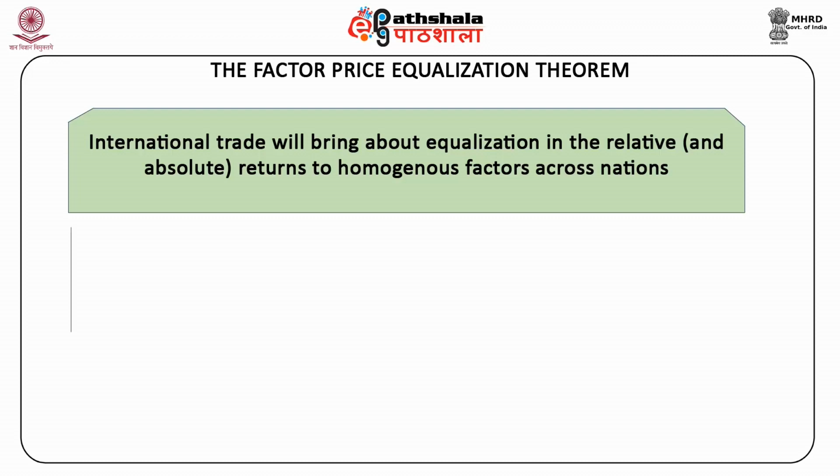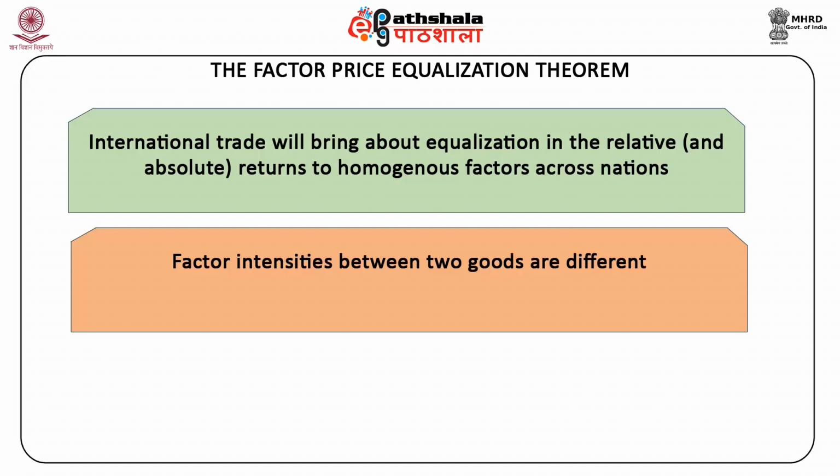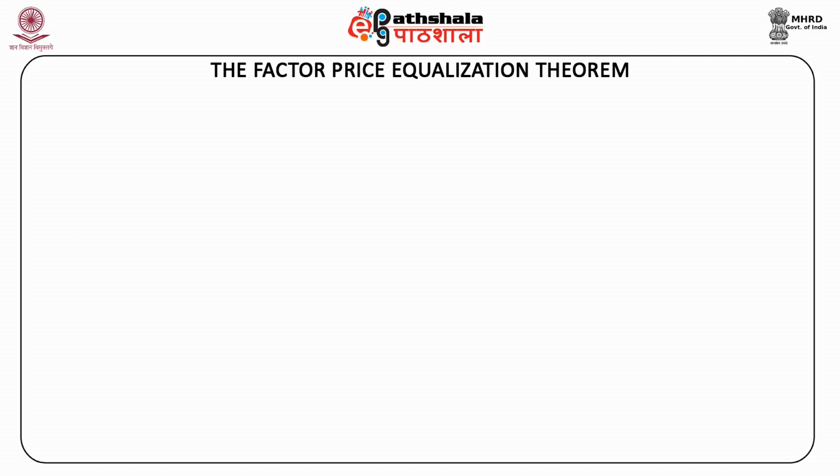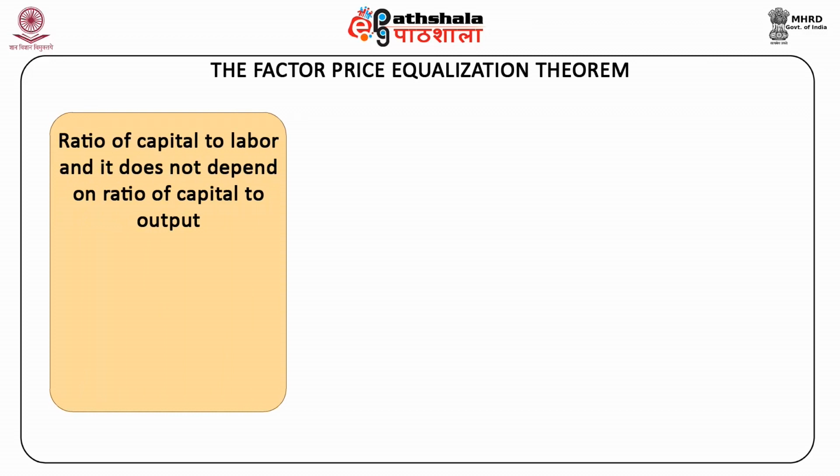In other words, factor intensities between two goods are different. That is, one good is labor intensive and the other good is capital intensive, and the factor intensities between the two countries are the same. That is, one good is labor intensive in both countries and the other good is capital intensive in both countries. The definition of factor intensity depends on the ratio of capital to labor, and it does not depend on the ratio of capital to output.